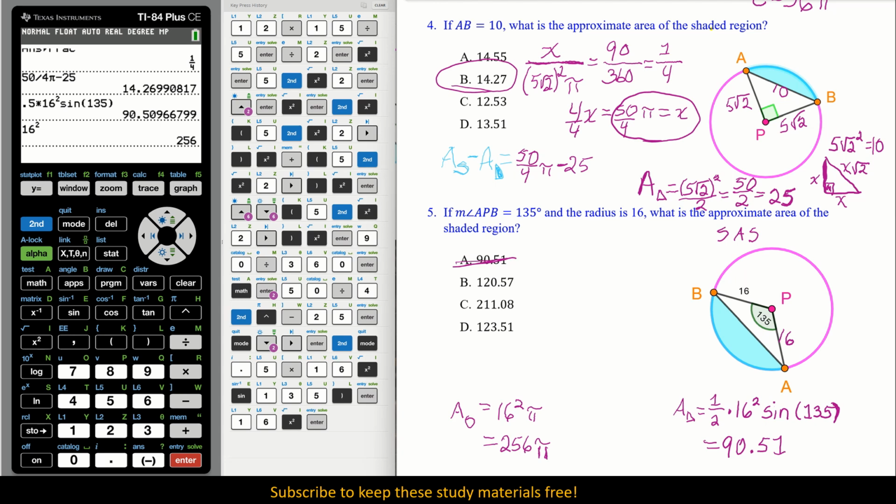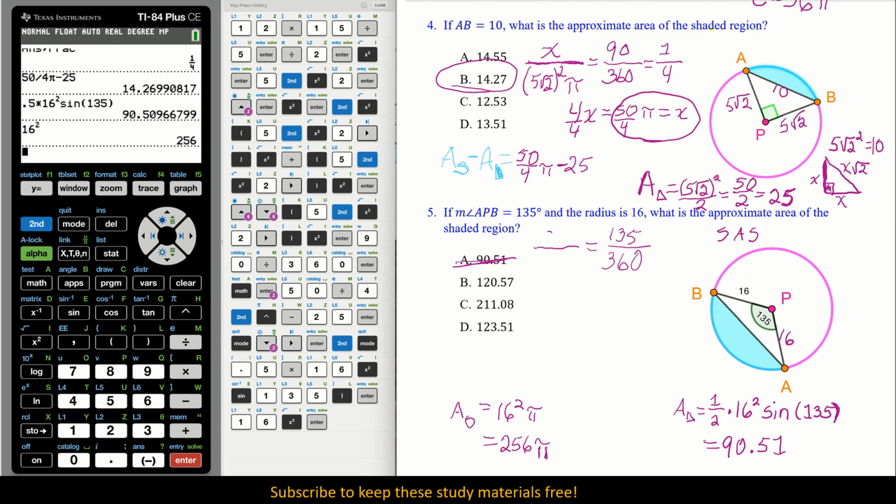We have to use those equations, the proportional setup that was given to us. So I have my central angle is 135. And because that's in degrees, I'm going to leave my 360. Okay.